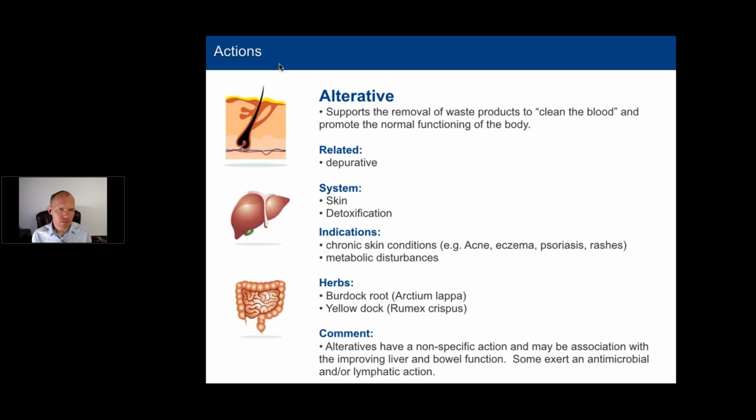One thing that I find is that, for example, a lot of women who experience sluggish bowels or chronic constipation, it's not uncommon to see that they tend to get a lot of pimples, or their skin seems a little bit irritated or inflamed.